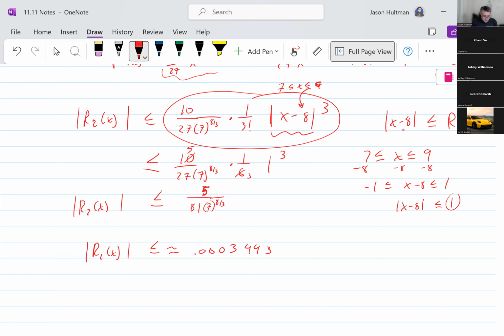Okay, and so if I want to round, for finding an upper bound, we always round up, even if the number is lower. The reason is because we don't want to truncate, right? If I just rounded to this value here, I could actually get a value that's bigger than that because I cut it off.